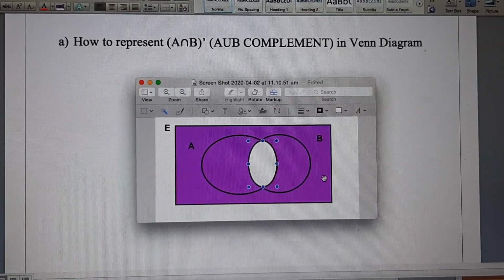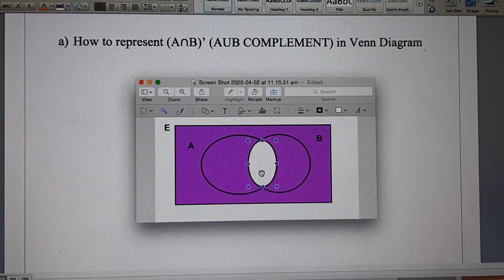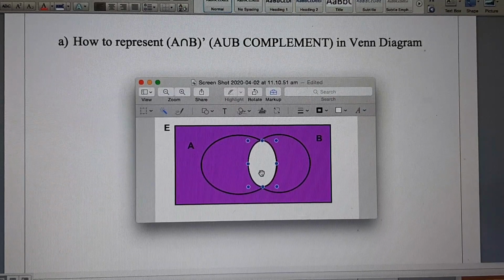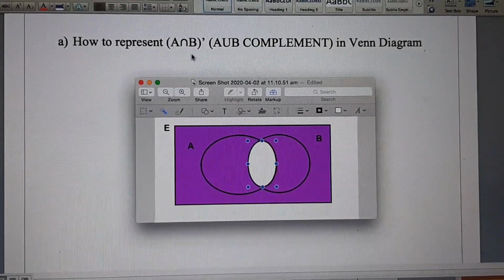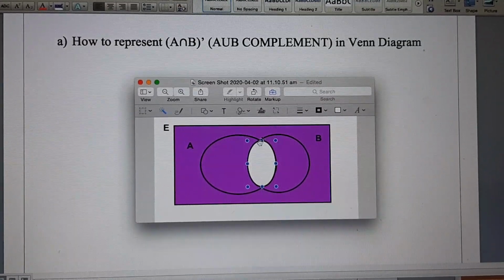I have to shade complement of A intersection B. So if you are going to take complement of A, don't shade A. If you are going to take complement of B, don't shade B, shade the part other than B. If you are going to take complement of A intersection B, don't shade A intersection B, shade the region outside A intersection B.